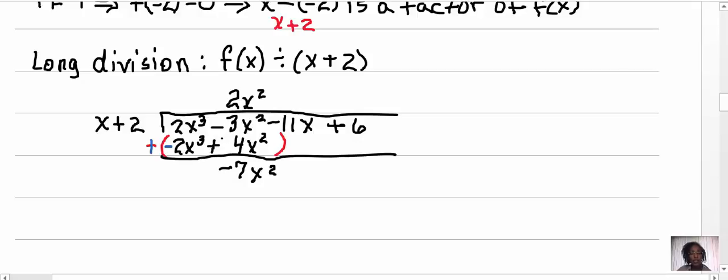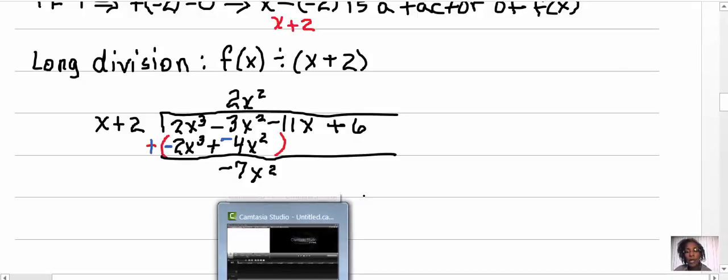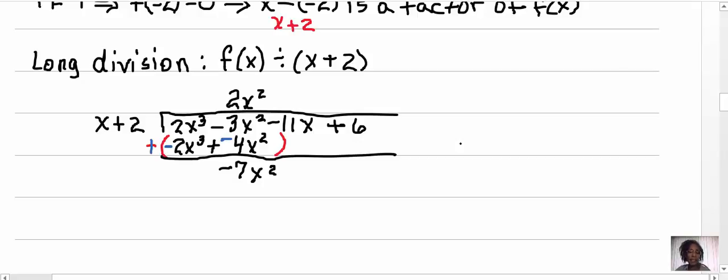If I change this to an addition, this becomes a negative. Some people feel more comfortable thinking about this as an addition, and that's fine. But remember, each term you were subtracting has to change sign, and the subtraction becomes an addition. So all signs change, including the subtraction to an addition and the sign of everything you were subtracting. If that's easier, think of it as an addition.